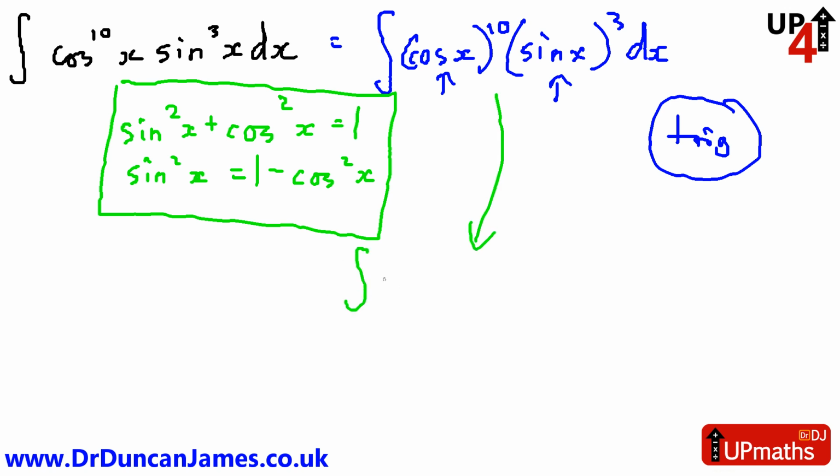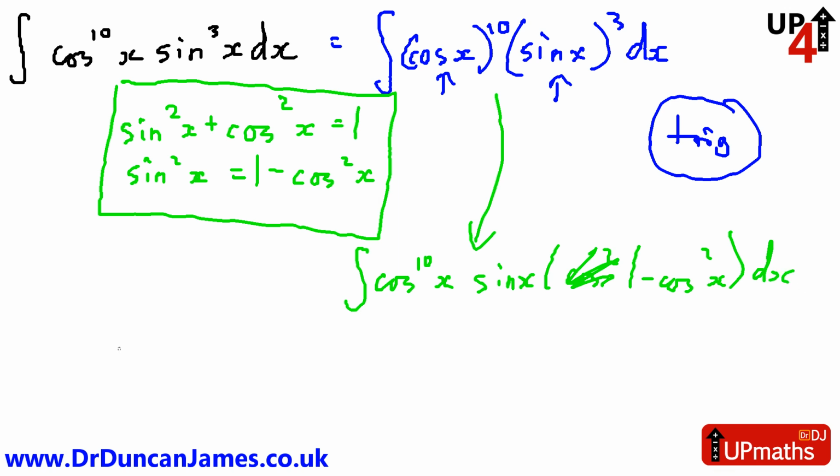So then that is the integral of, I'm going to get rid of those brackets. Now I'm going to put sine x and then I'm going to put cos squared, then I'm going to put 1 minus cos squared x. Okay, that was a bit of a mess.